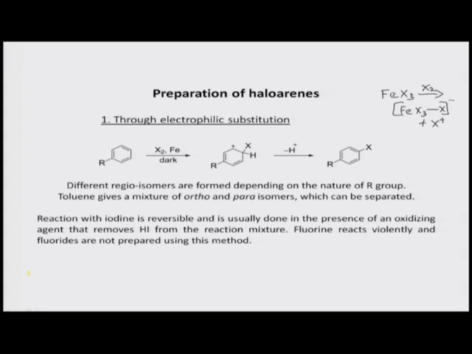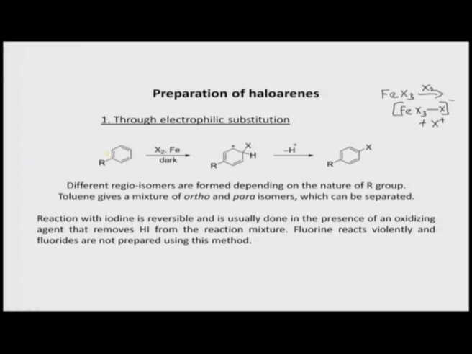So, this reaction works through the formation of a cation, which is formed when an electrophilic halogen cation reacts with the aromatic ring, and then it removes a proton, giving us finally the haloarene. And this reaction again works well with bromine and chlorine.